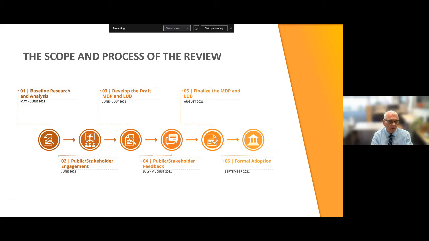Those drafted documents will then go to council in terms of taking the comments that we receive at the public feedback session in step 4, and we apply them into the draft documents which go to council. Municipal development plan and the land use bylaw are both bylaws that are adopted by council, and so they'll go through a formal adoption process of 3 readings and a public hearing, and that'll finish the process off for the review of the 2 documents.